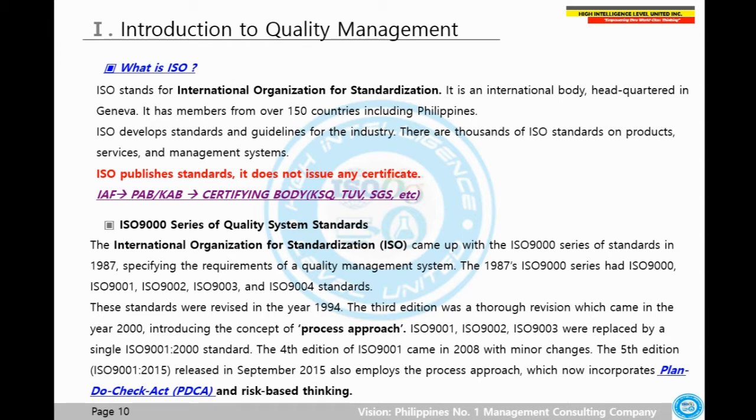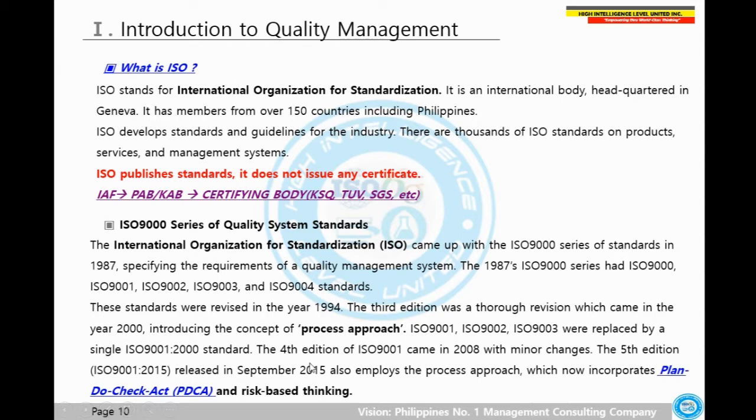Okay, let's see again. In 1987, the ISO 9000 series had 9000, 9001, 2, 3, 4, the five standards. In 1994, and the revision in 2000, introduced the concept of the process approach. So 9001, 2, 3 were replaced by a single ISO 9001:2000 version.